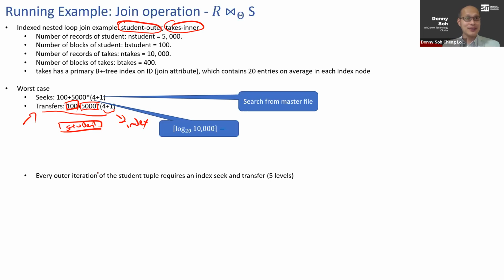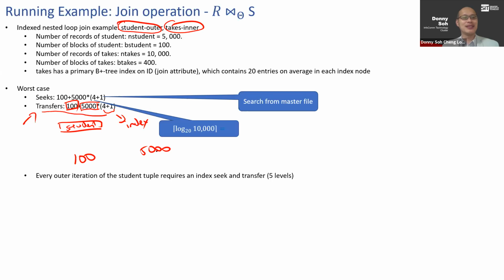So for my transfer, for every outer iteration, there are 100 blocks of my outer relation. For every single tuple of my outer block, which is 5,000 tuples, I need to do a search of my index.